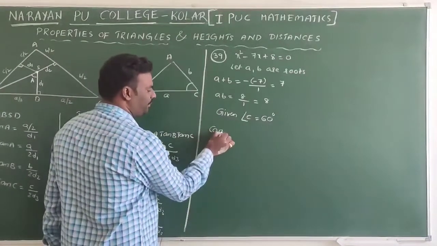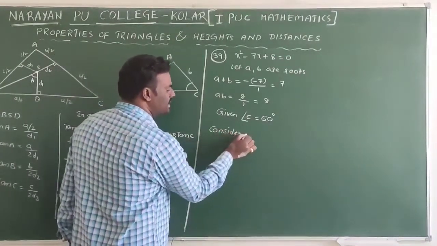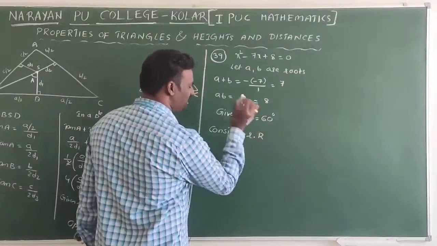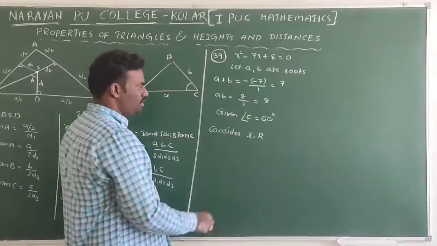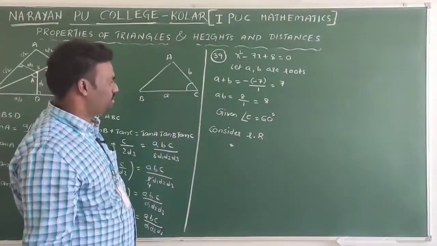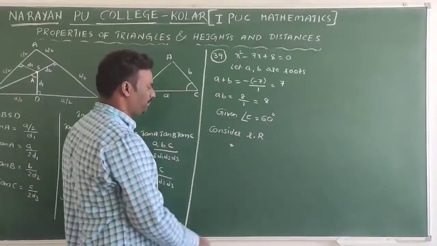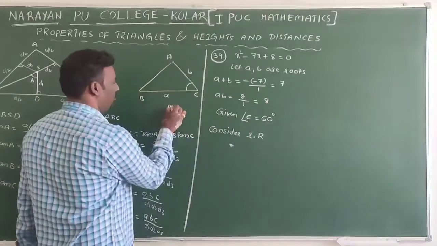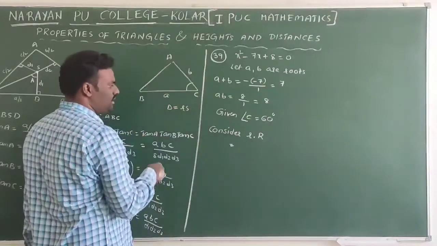Consider inradius is nothing but small r, circumradius is nothing but capital R. So here how to find small r with the given data? Delta equals r s.